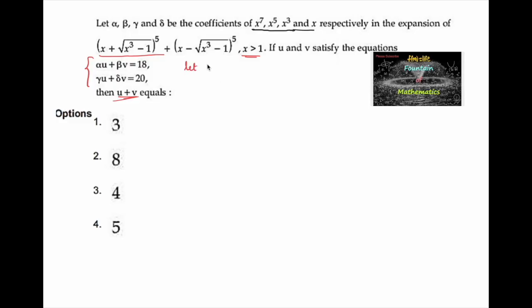So let us consider y is equal to under root of x power 3 minus 1 for some time, so that the expansion is x plus y whole power 5 plus x minus y whole power 5.